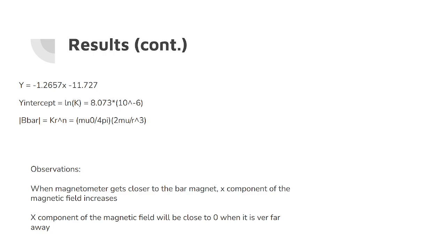We got the equation y equals negative 1.2657 x minus 11.727, where the y-intercept is equal to the natural log of k, which is 8.073 times 10 to the negative 6th, and B bar is k r to the power of n, which is mu naught over 4 pi times 2 mu divided by r cubed. We observed that when the magnetometer gets closer to the bar magnet, the x component of the magnetic field increases, and that the x component of the magnetic field will be close to 0 when it is very far away.